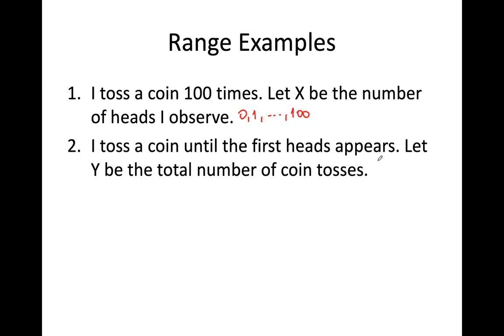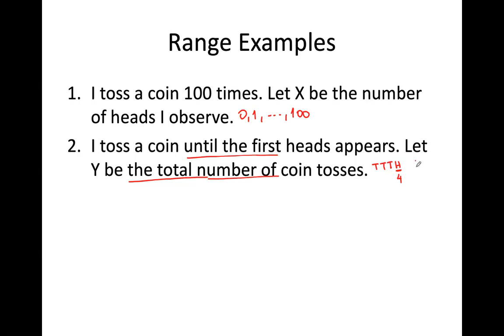I might flip a coin and not get a heads. I might get tails, okay? First tails, second tails, third tails, and fourth heads. Then I will say my random variable will be 4, because I am interested in the total number of coin tosses until I obtain the first heads, okay?